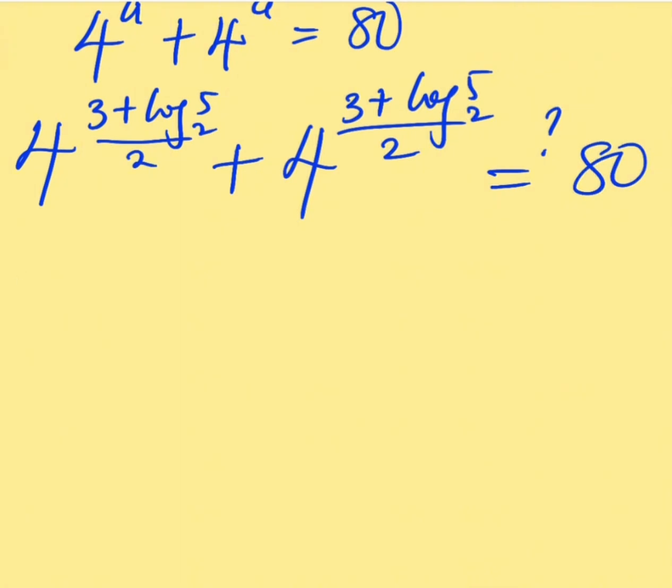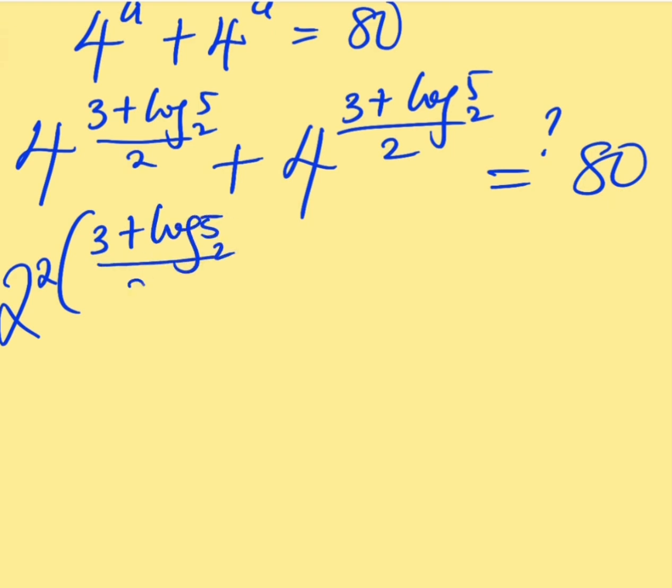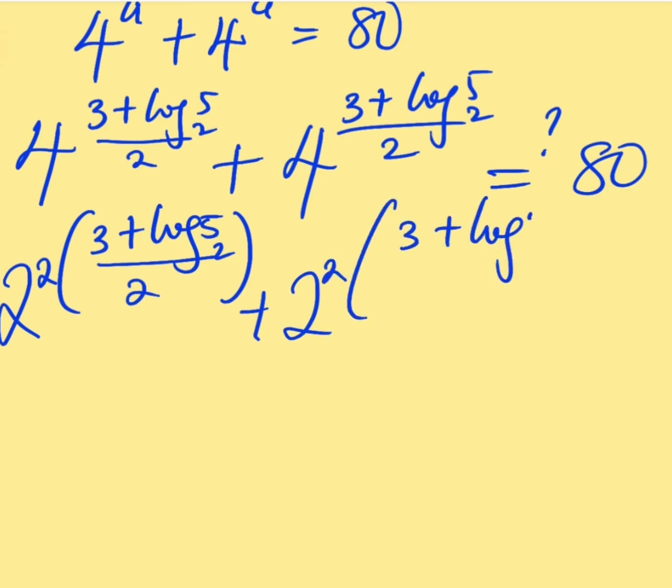Do you know that 4 can be written as 2 to the power of 2? Then you have 2 power 2, to the power of (3 plus log 5 base 2) all over 2, plus 4 again is 2 power 2 into (3 plus log 5 base 2) all over 2. So these two we cancel, these two we cancel.